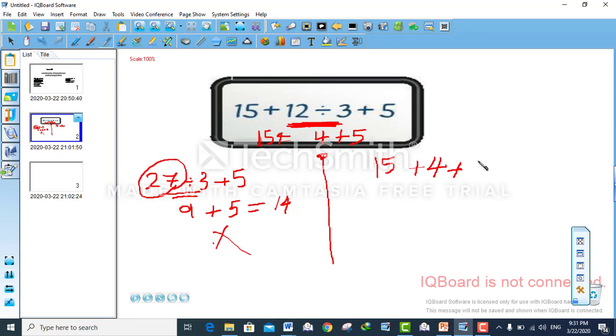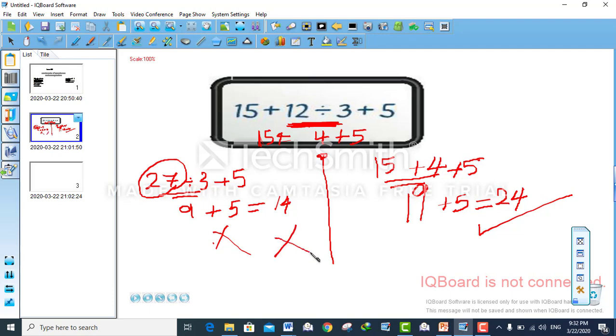Yes. 15 plus 4 is 19. Now 19 plus 5 finally will give us 24. So the final answer is 24, the right answer. It cannot be 14, the wrong answer.